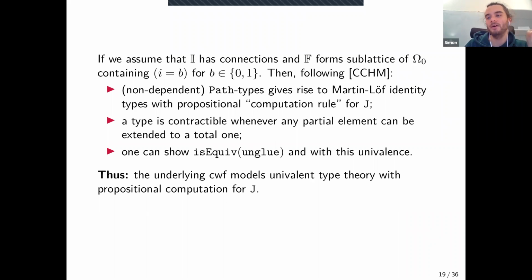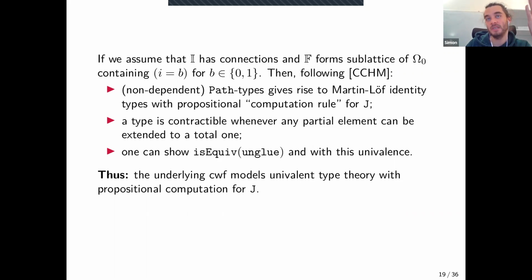Okay, so if you now assume certain things about I and F, for example that I has the structure like we had in the CCHM paper, so we have some kind of connections on it, there's a conjunction, disjunction, top and bottom, and this F forms a sublattice of Omega containing i equals 0 and i equals 1, then this is really like the setting of CCHM.